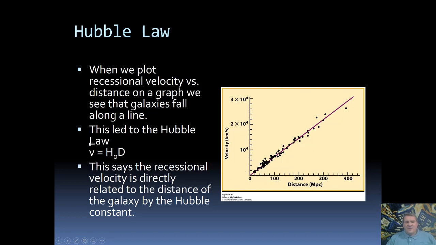How fast it's moving away from us is equal to the slope of this line, which is known as Hubble's constant, times its distance. What this means is if we can figure out how fast it's moving away, we can then figure out the distance to that galaxy as long as we know the value for the Hubble constant.